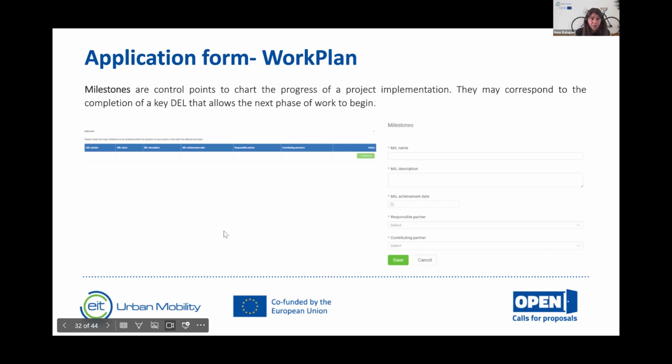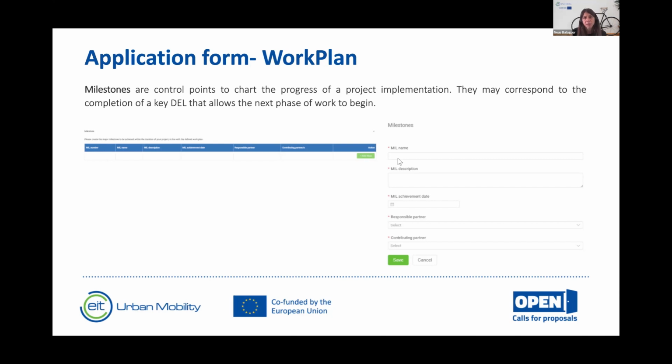Then we have the milestones. The milestones are like control points. In this sense, we also ask you to add any milestones that you think would be good to check the progress of the project.